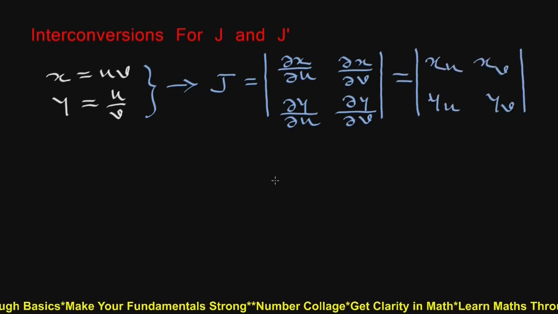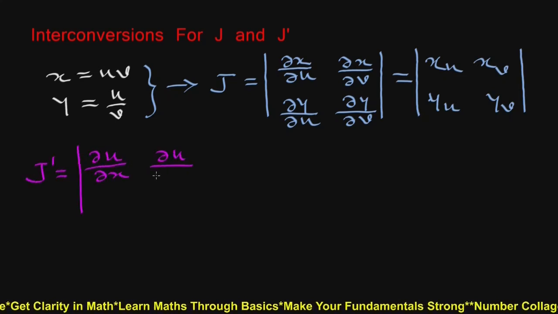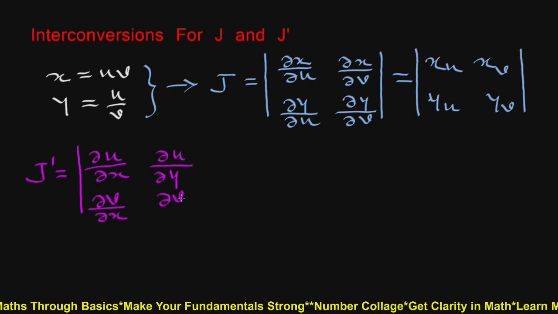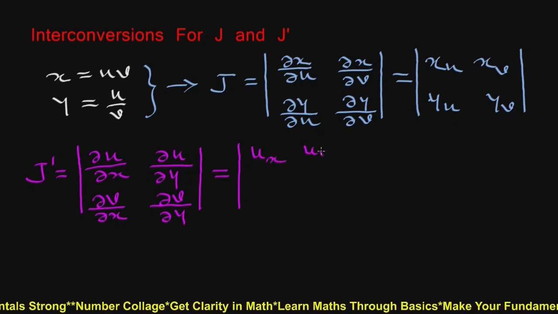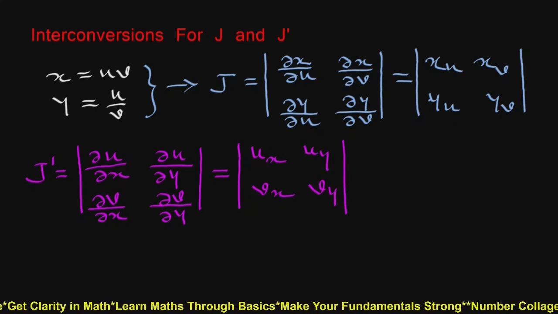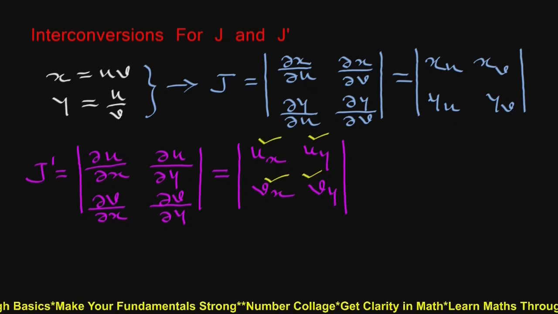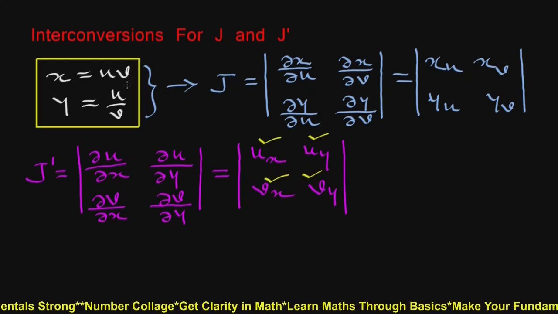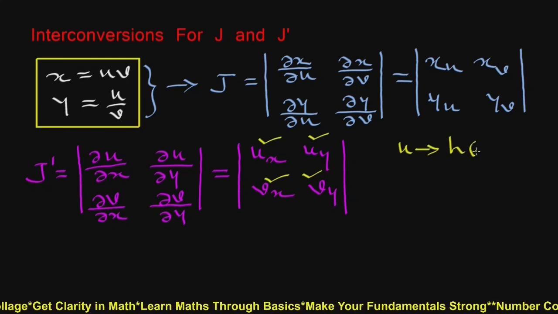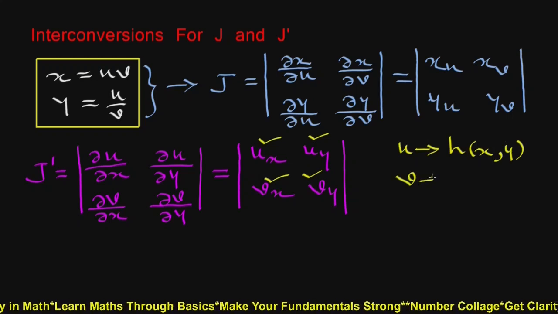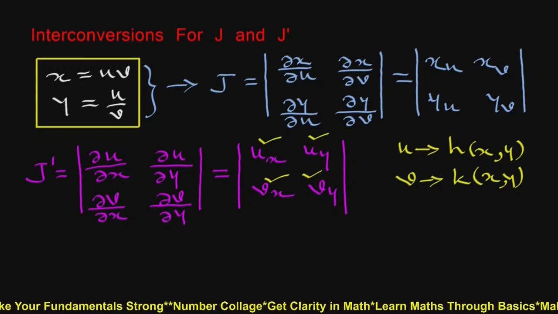Now in order to find J dash, which will be dou u by dou x, dou u by dou y, dou v by dou x, dou v by dou y, which in short is determinant ux, uy, vx, vy. So in order to find ux, uy and vx, vy, we must convert x equals uv and y equals u upon v into u as a function of x, y and v as another function of x, y. And this is exactly what we have to learn here.